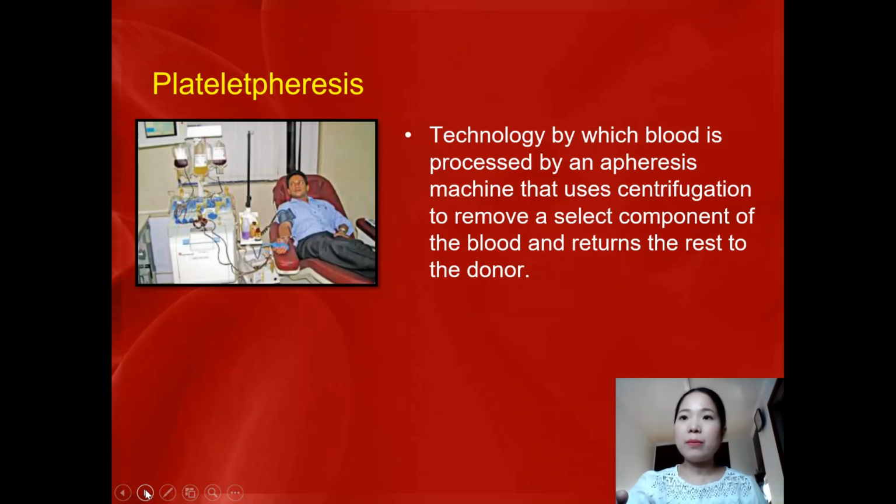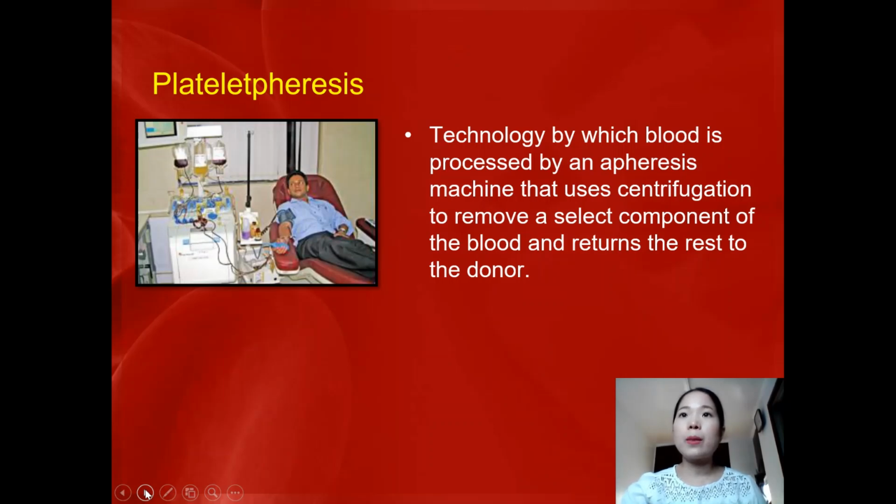Aside from blood donation, specifically whole blood, we can also donate platelets alone. This is brought about by the technology called platelet pheresis. Platelet pheresis is a procedure where the donor is hooked to a special pheresis machine. So this is that machine. That pheresis machine takes the blood and centrifuges it and gets the platelets only, and then the rest of the blood is returned to the donor.